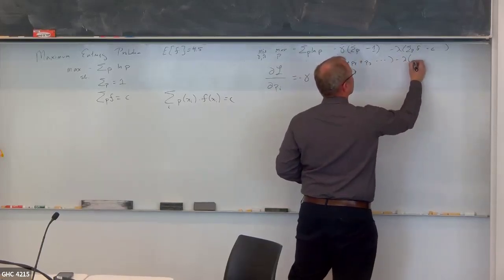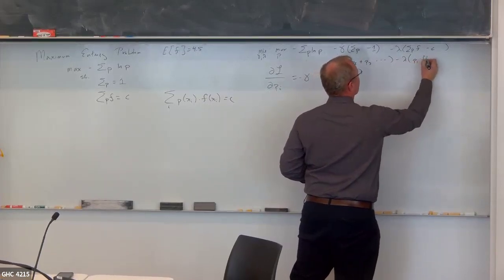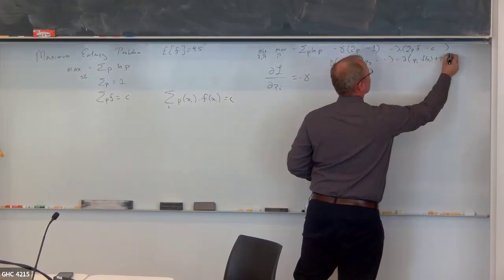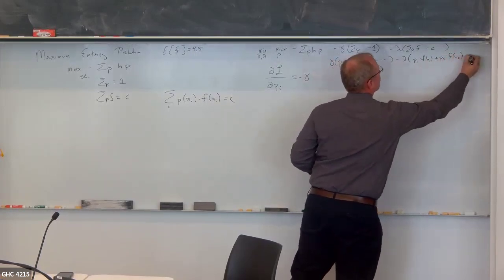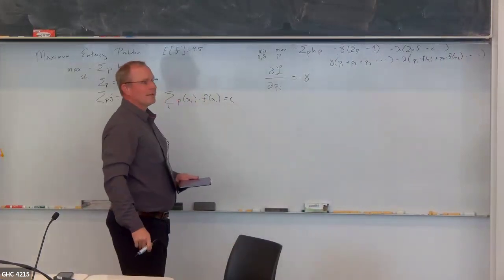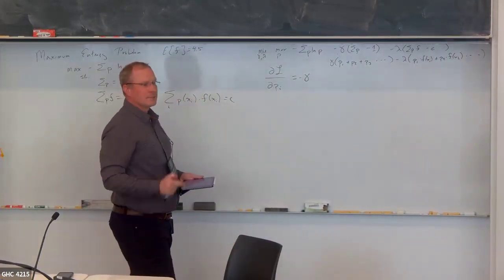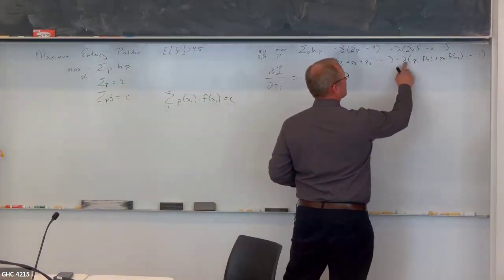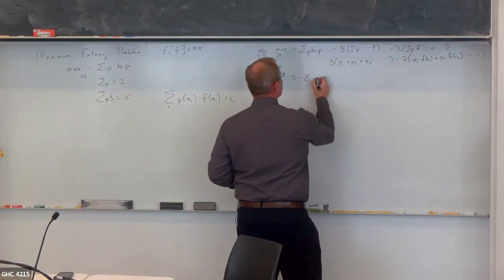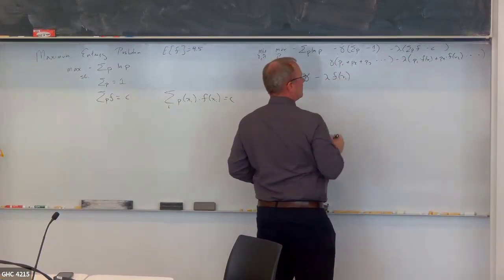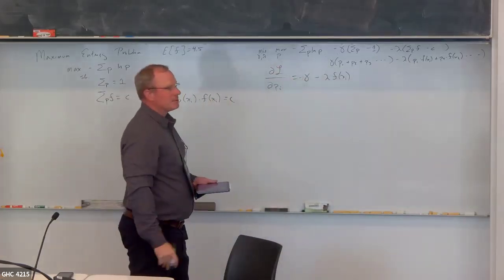It's minus lambda times P1 times f of x1, plus P2 times f of x2, and so on and so forth. If I take the derivative with respect to a Pi, what do I get? f of xi. So it's minus lambda f of xi, right? Minus lambda f of xi. Good. Okay. Let's do the hard one.